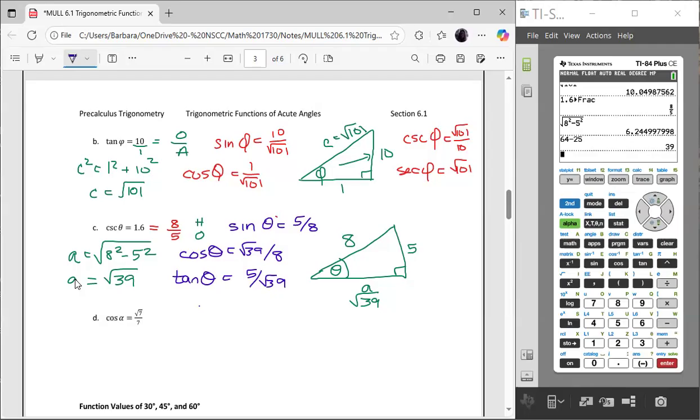We already have the cosecant. The secant is the reciprocal of cosine, which is 8 over square root of 39. And then the cotan is square root of 39 over 5.